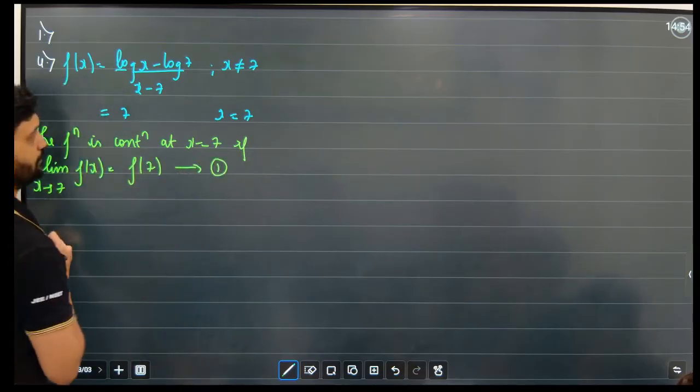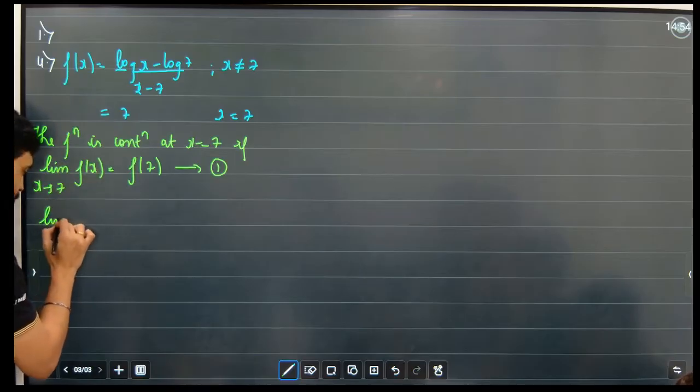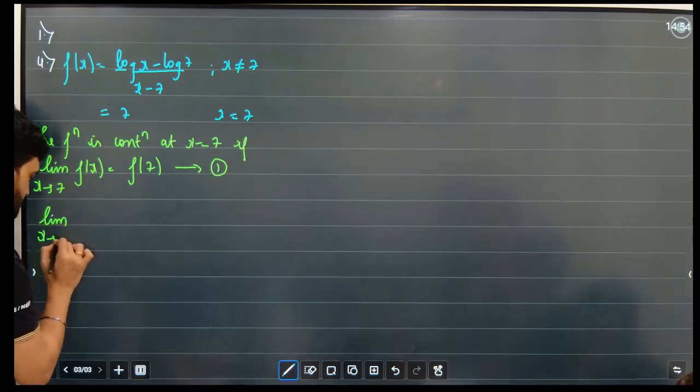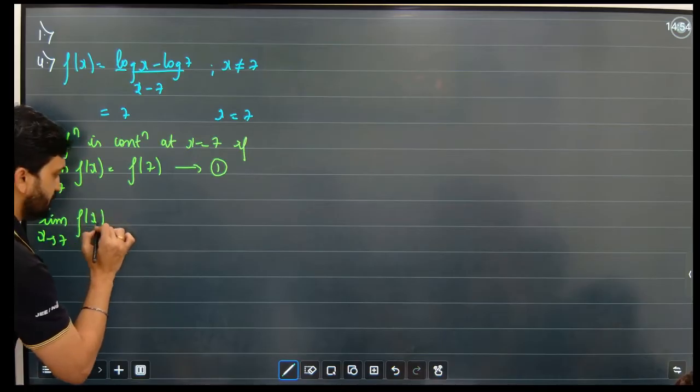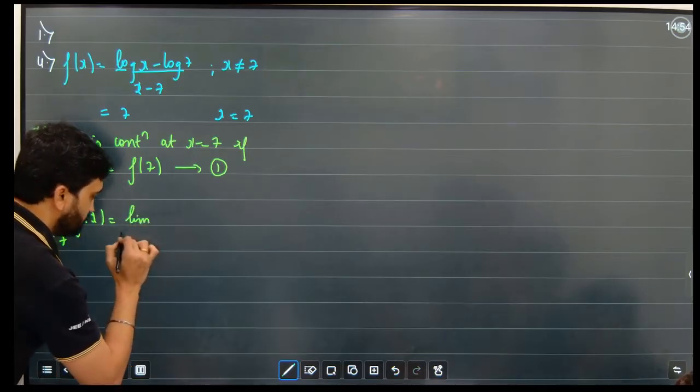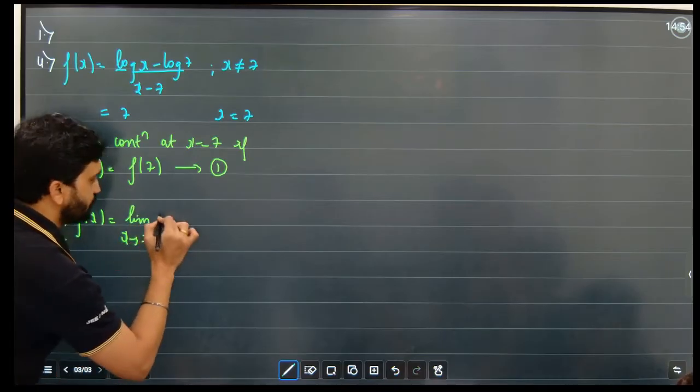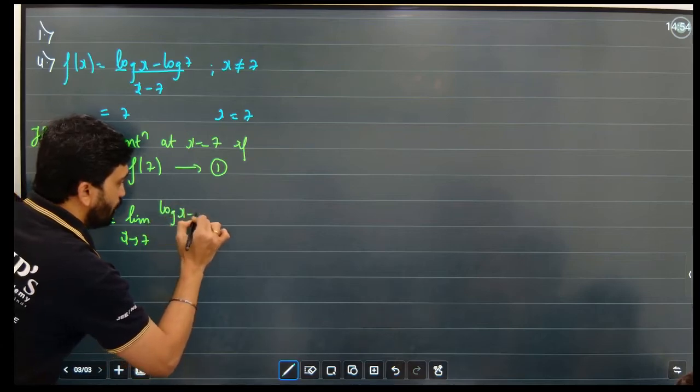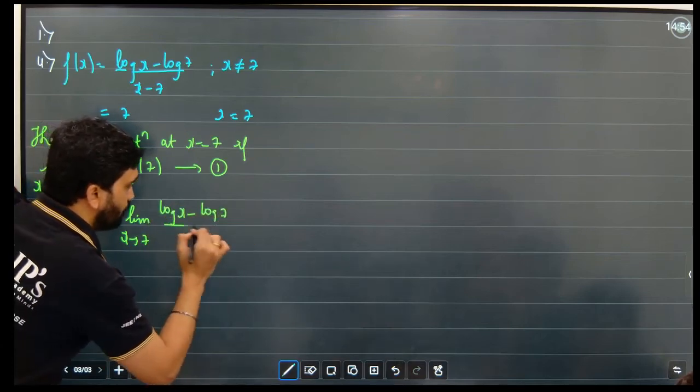This is my equation 1. Now I'll take the left hand side. Limit x tends to 7 f of x, guys, is nothing but limit x tends to 7 log x minus log 7 upon x minus 7.